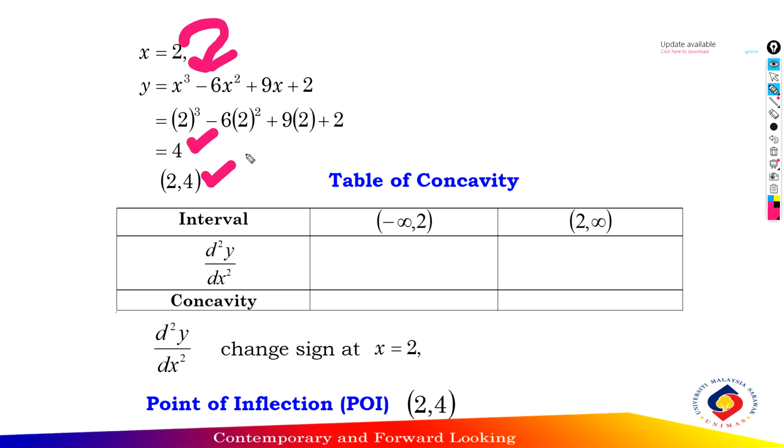Next, the table of concavity. In the first row you put the intervals of the function, the second row the second derivative, and the third row the concavity of the function.